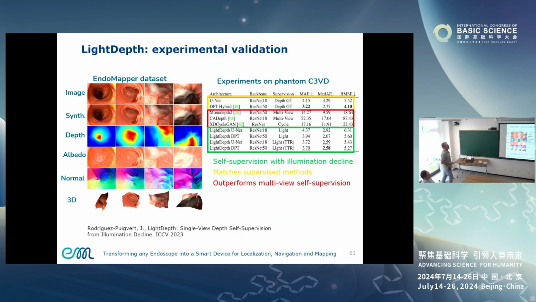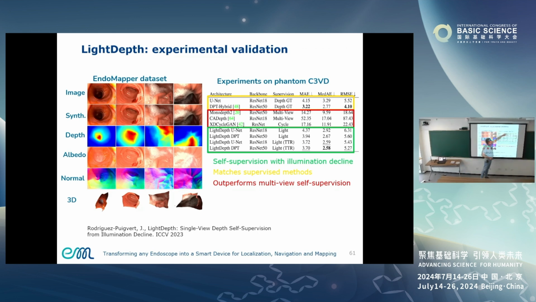Well, compared with supervised depth in a phantom colon, which is where we can have ground truth information, we get similar errors to the supervised method. Compared to other unsupervised methods which use multi-view geometry, which use more than one image, the accuracy that we get is significantly higher.